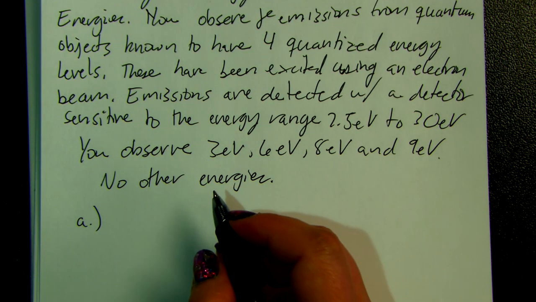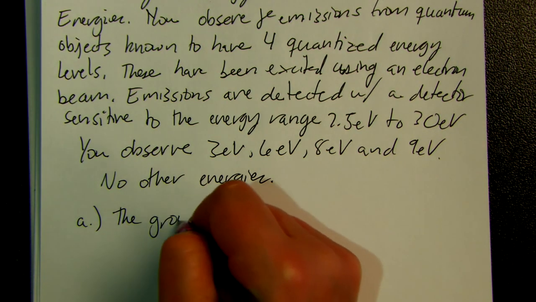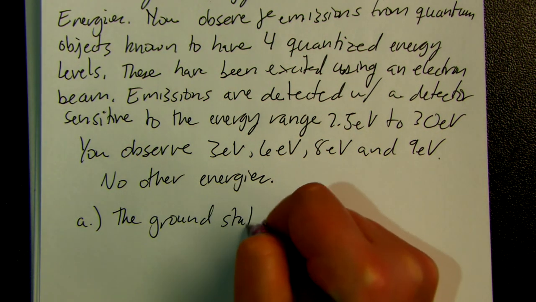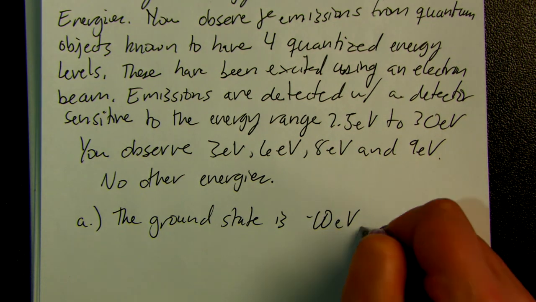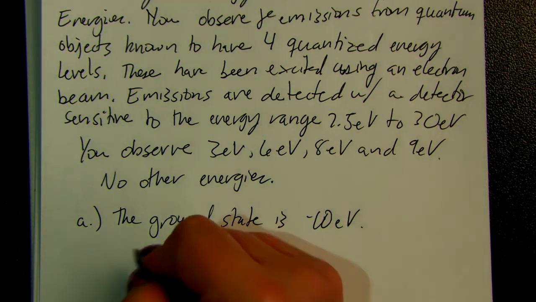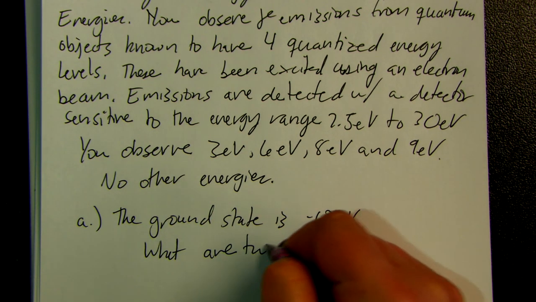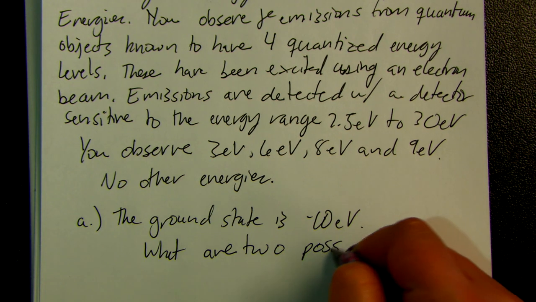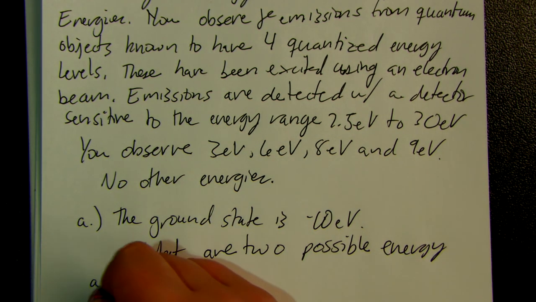Okay, so let's say the ground state is minus 10 eV. What are 2 possible energy arrangements?